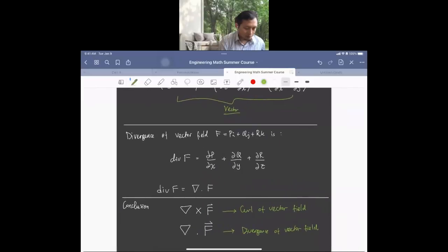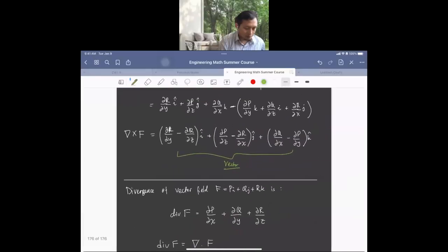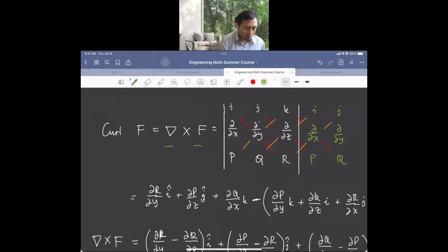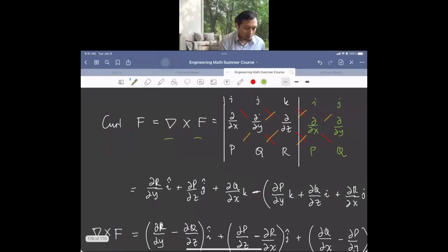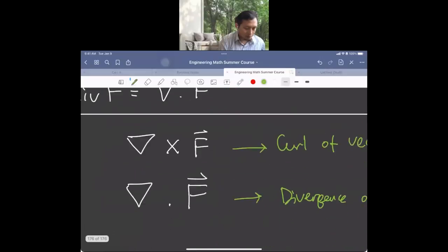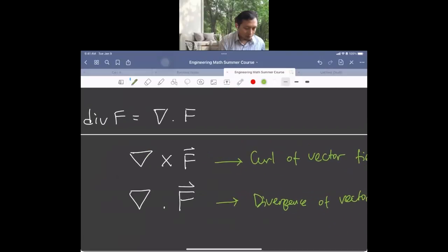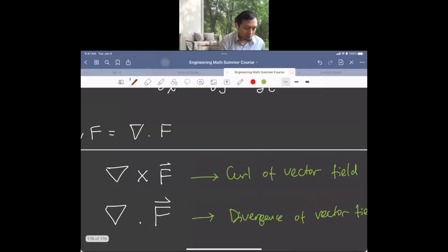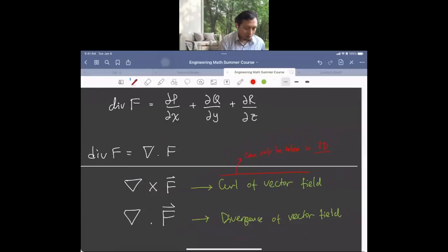Because we have the cross here, if we have a 3 by 3 matrix, we can solve it by taking determinants. But if we have less than 3 dimensions, then we cannot have any curl. So the curl can only be taken in 3 dimensions.